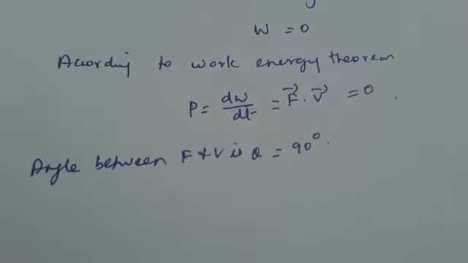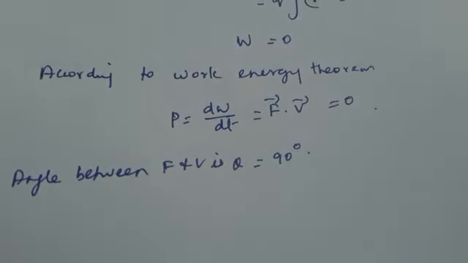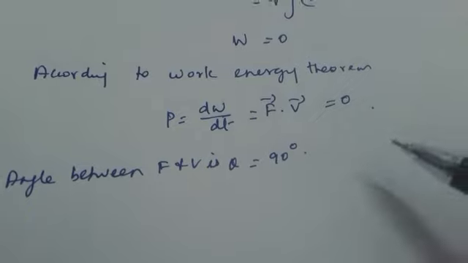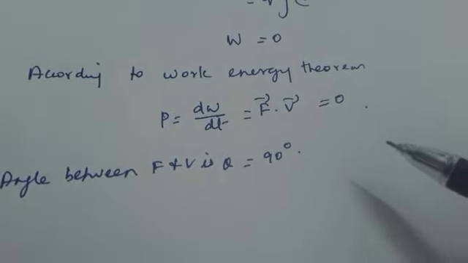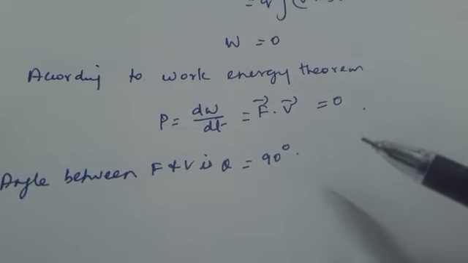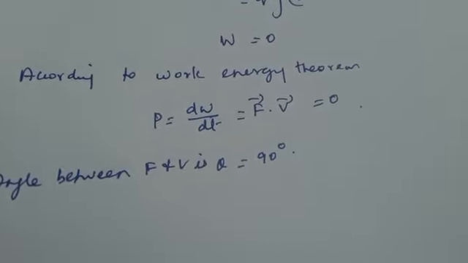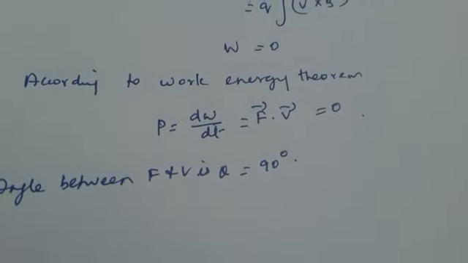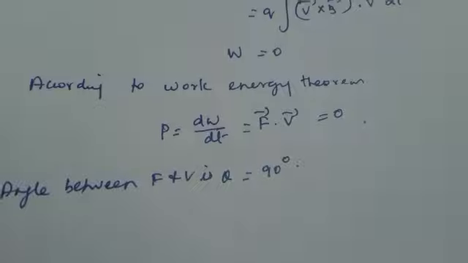Therefore the kinetic energy of the particle will not change. So what we concluded: the Lorentz force changes the direction of the velocity, not the magnitude of the velocity, and it does not do any work and does not alter the kinetic energy of the particle.